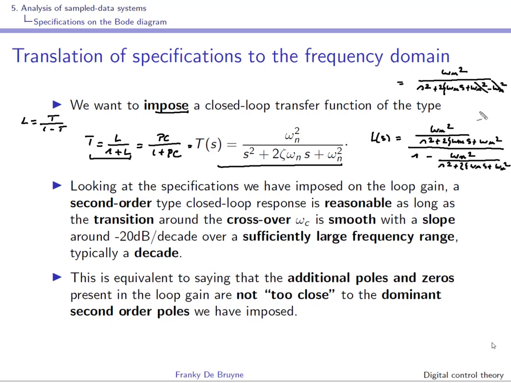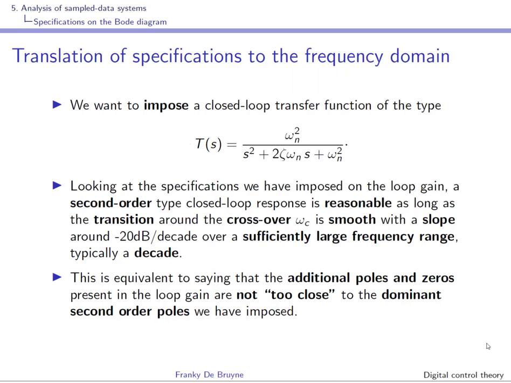These ones will simplify, so we have an L of s that should look like omega n squared over s times (s plus 2 zeta omega n). So imposing this closed loop transfer function is equivalent to imposing this loop gain.